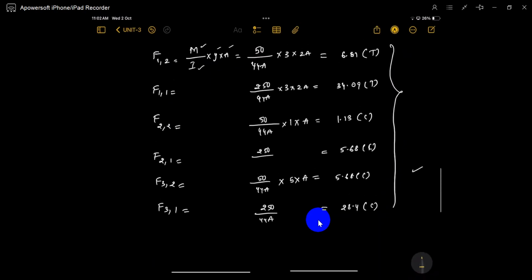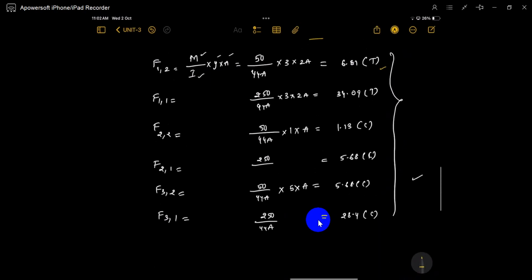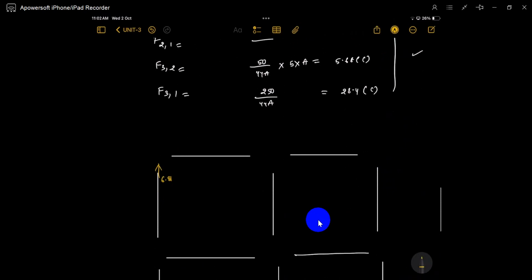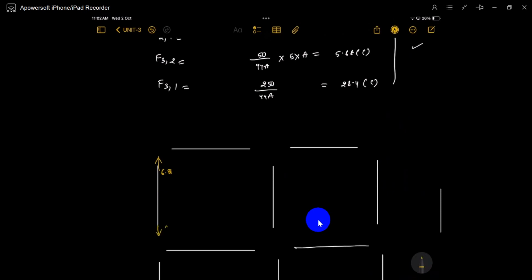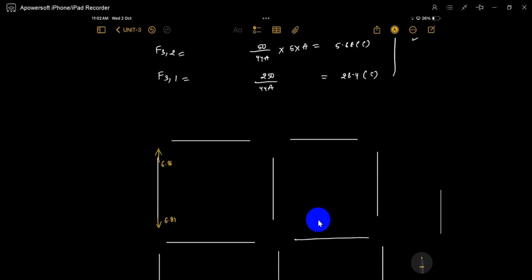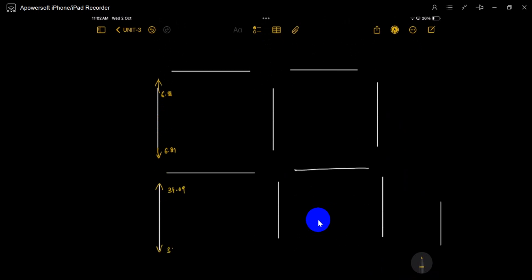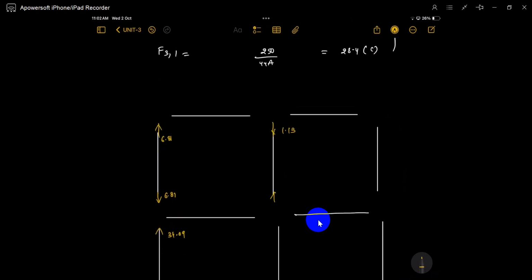What is that force? First column, second story, 6.81, tension. It must be 6.81 because of the equilibrium of that column. First story, second column, it's 34.09, compression. What is that value? 1.13, compressive direction.